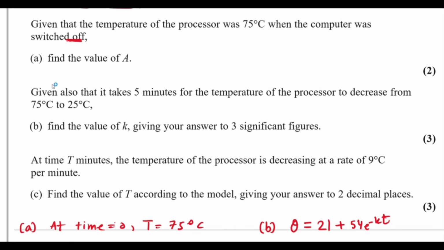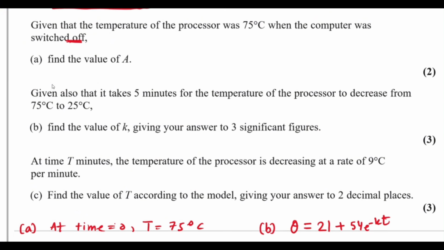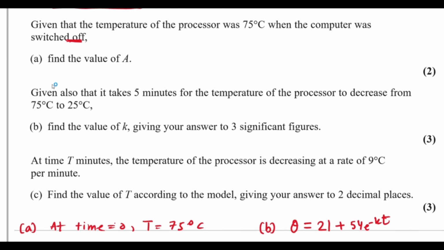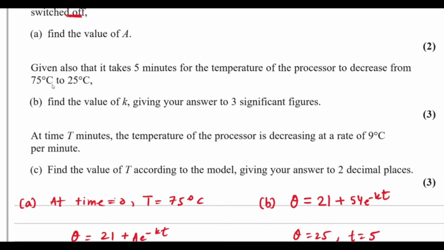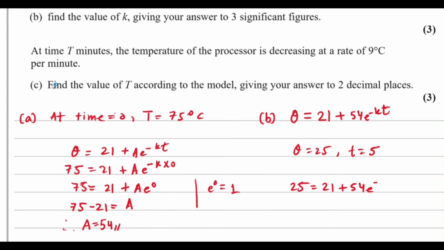Now for part B, we see that given also that it takes 5 minutes for the temperature of the processor to decrease from 75 to 25. Find the value of k, giving your answer to 3 significant figures. For part B, we can see that our temperature is 25 and the time when this occurs is 5 minutes.